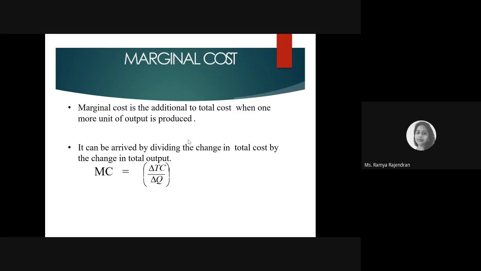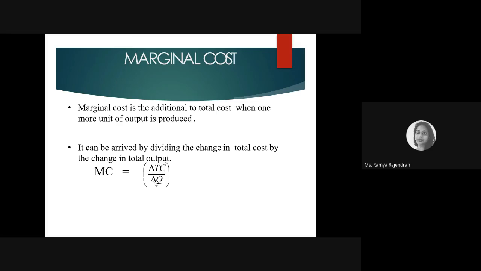The difference in the cost spent between the 101 units and the 100 units of phones is your marginal cost. Okay, hope you're able to understand this.